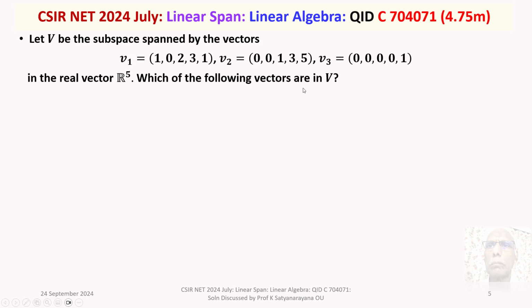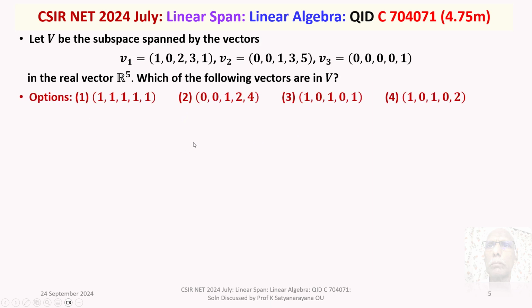Which of the following vectors are in V? We are given four options, and in each of these options we are given vectors in R^5.